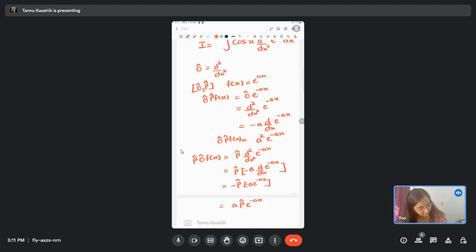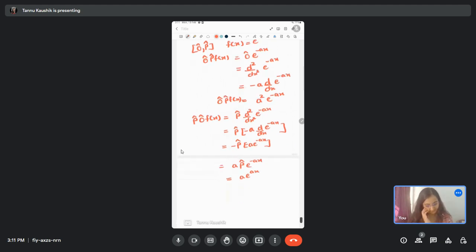We will get minus a e raised to minus ax, that is the parity operator now operating on e raised to minus ax. We will get a e raised to ax.